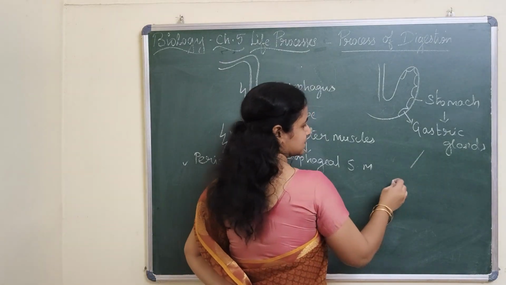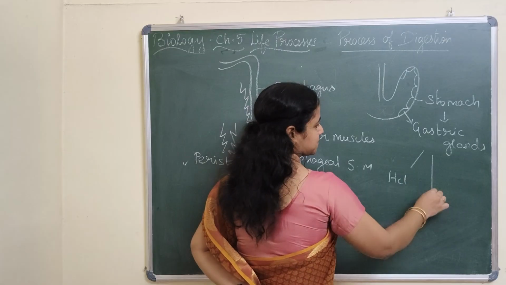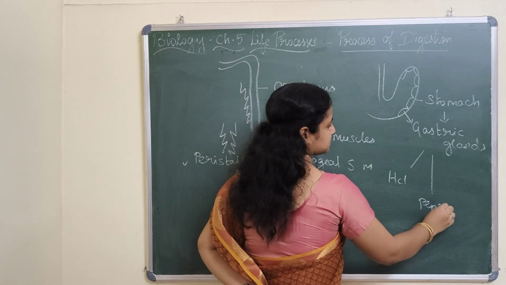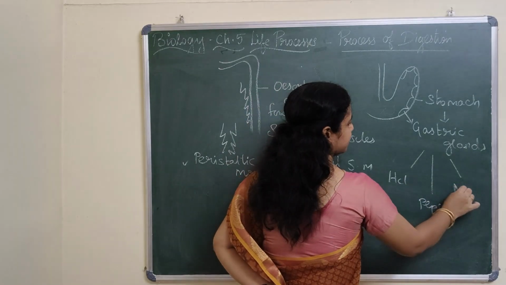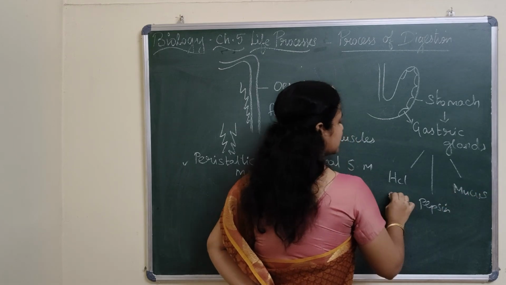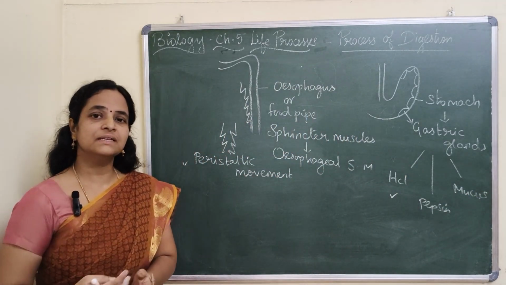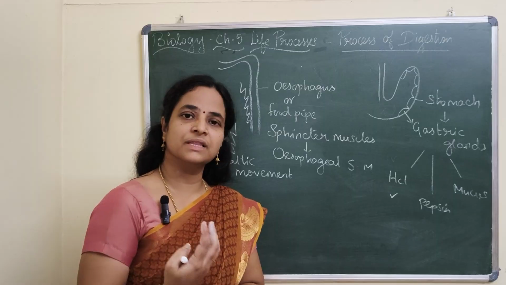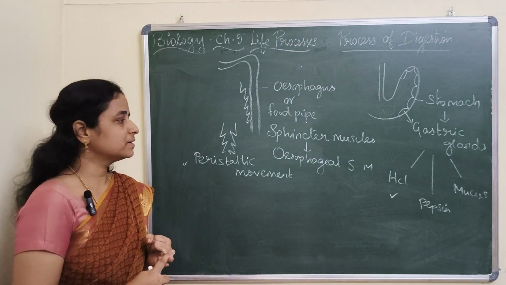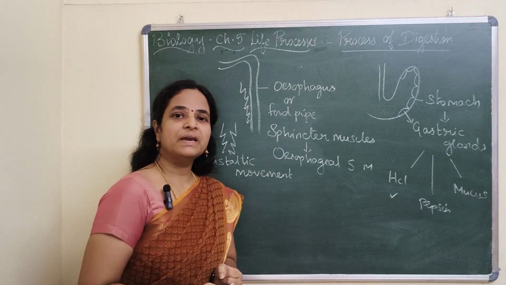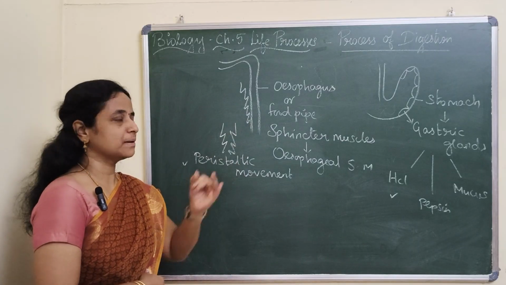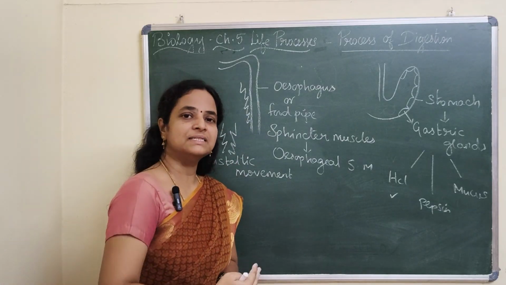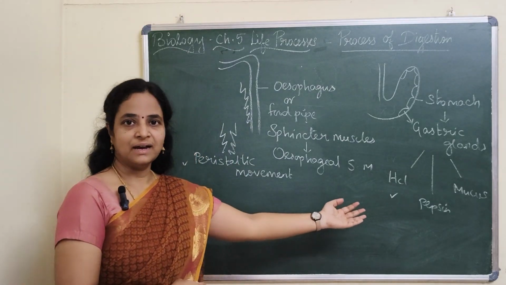So gastric glands secrete HCl, pepsin and mucus. HCl helps in killing the germs that are present in the food. One more important role of HCl is that it maintains an acidic medium in the stomach. Only when the medium is acidic can protein digestion occur.